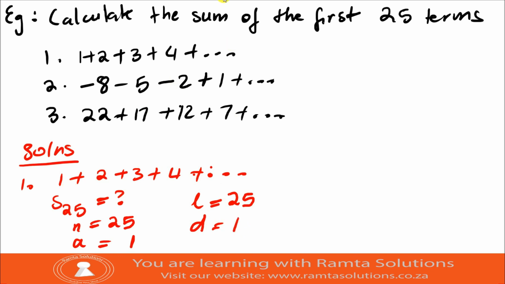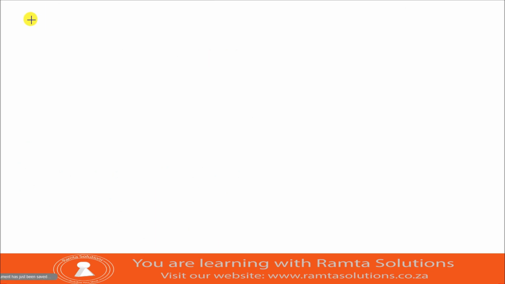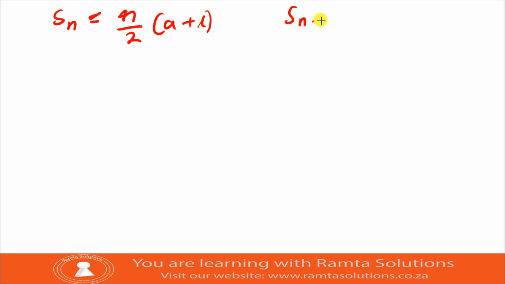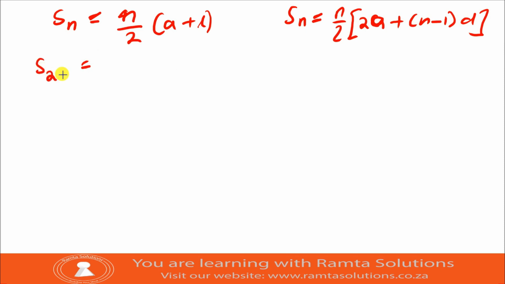Now let's calculate the sum of the first 25 terms. Sn equals n over 2 into a plus L, or you can say Sn equals n over 2 into 2a plus n minus 1 times d. How many terms? We're looking for the sum of the first 25, so it is 25 over 2.